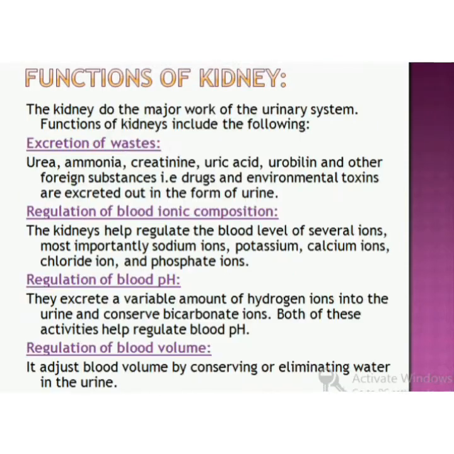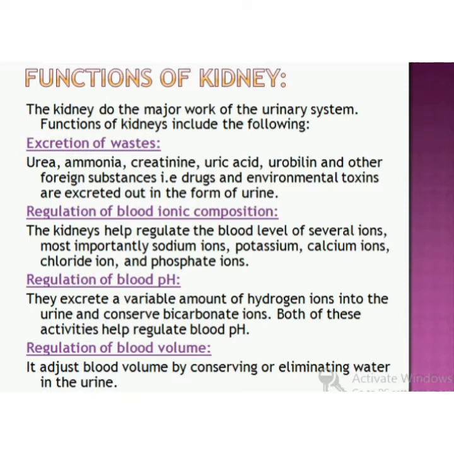Then we have functions of the kidney. First of all, excretion of wastes like urea, ammonia, creatinine, uric acid, and other foreign substances like drugs and environmental toxins, which are excreted out in the form of urine.